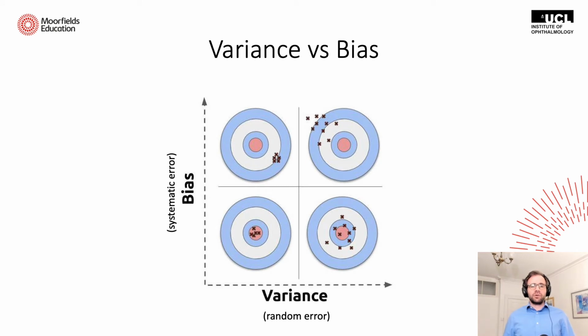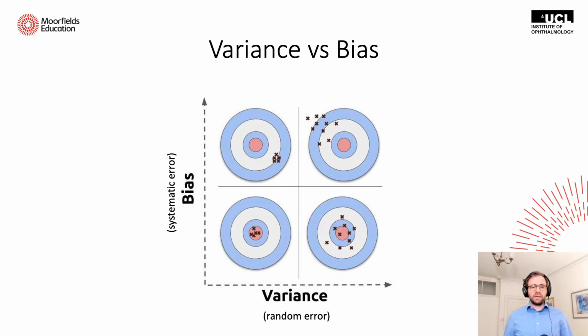So this is a pictorial representation of bias and variance. Bias, I think, is fairly self-explanatory. If you look at the top left, a high bias, low variance situation would be consistently missing the bullseye.